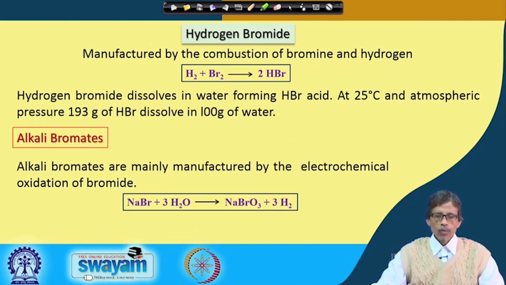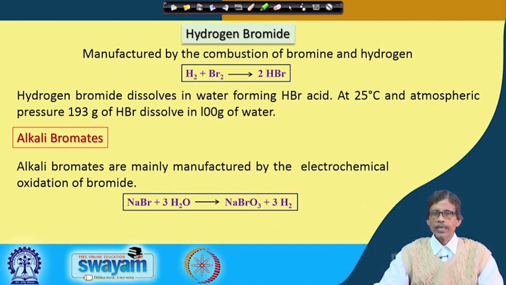In the electrolysis, the entire amount of bromine as Br minus, the bromide ion, can be converted to NaBrO3. Electrochemical oxidation is very feasible for the oxidation of the bromide ion, Br minus, to BrO3 minus, and at the same time, we always know that if we oxidize some component, we get the other component in the reduced form.